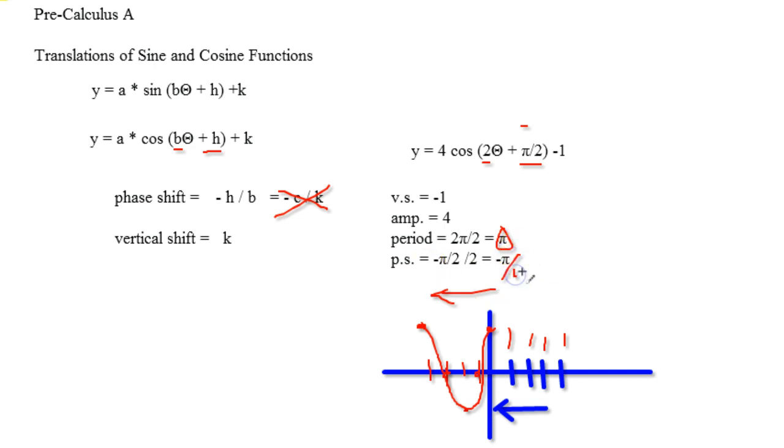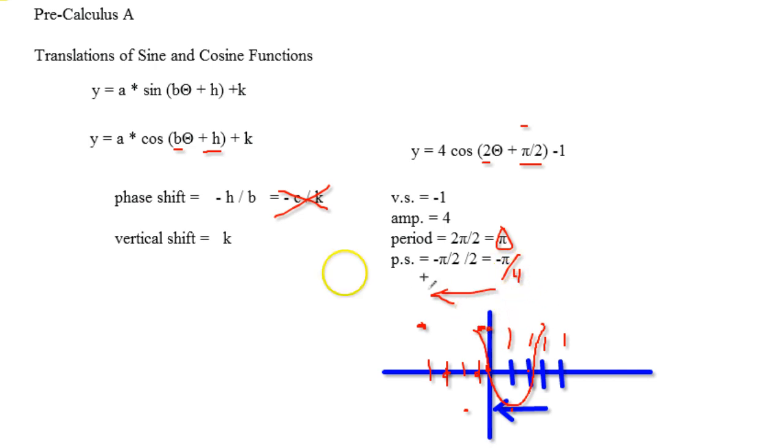Flip it and multiply by the reciprocal. This should be pi fourths units. That's actually a good save. If you know your stuff, you'll understand why the graph works certain ways. So the graph isn't going to be shifted all the way over. It's just going to be shifted over to here. So here, here, here, here, here. By knowing my math, I was able to save my question and understand, oh, I'm only shifting over a little bit.